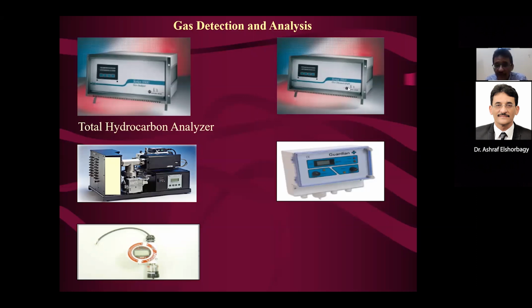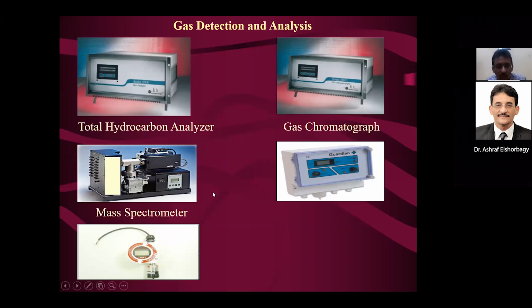We have a device or equipment called the gas chromatograph. The gas chromatograph takes 5% and starts to analyze this gas. And so the gas chromatograph will tell me that you have C1 methane, ethane, propane, butane, pentane. So it can give me 5 components of the hydrocarbons.